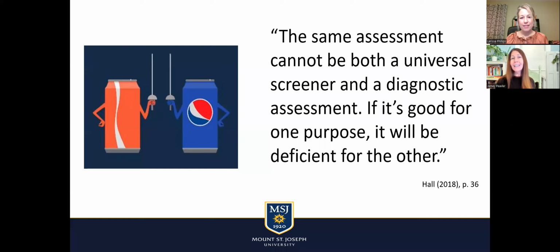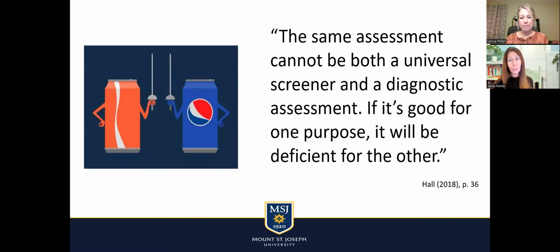But this is telling us that an assessment can't be both a universal screener and a diagnostic tool at the same time.